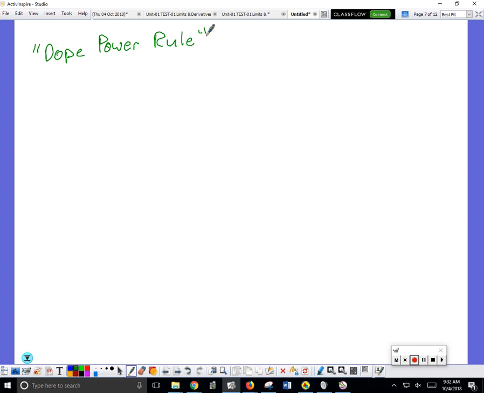And it looks like this. d over dx. If you're trying to find the derivative of a function that has the following form, the regular power rule would say x. Well, because this one is dope, you can use it not just with x, but with anything.